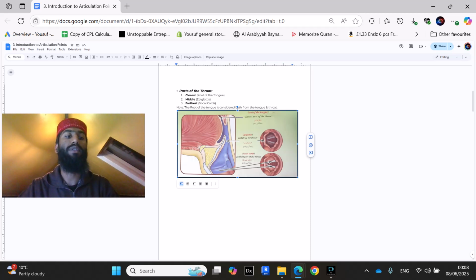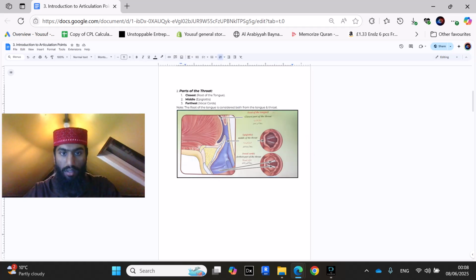When we say the middle of the throat, we don't mean down here in the middle of the neck. The neck is not the throat. We're talking about over here. The epiglottis is actually right there, and the lowest part of the throat is the vocal cords there.